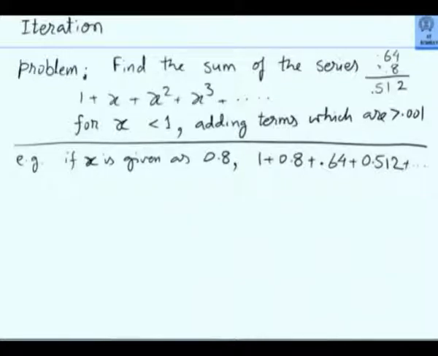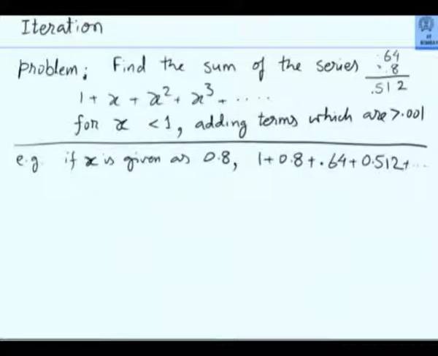Right? So how will I do that? That is where I need an iterative thing. I know each term is x multiplied by the previous term. First term is what? 1.